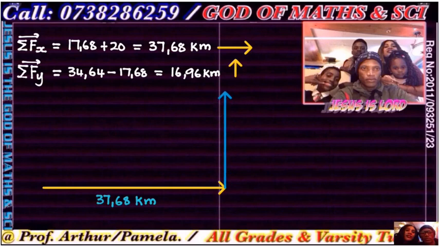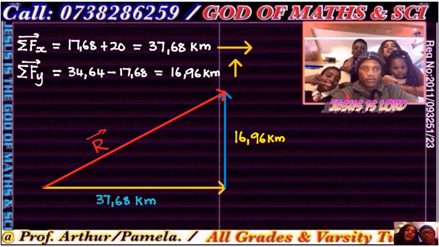This one represents the 16,96 kilometers. Then the resultant is a straight line from the starting point to the end point, which is the red one. So this is your resultant there.